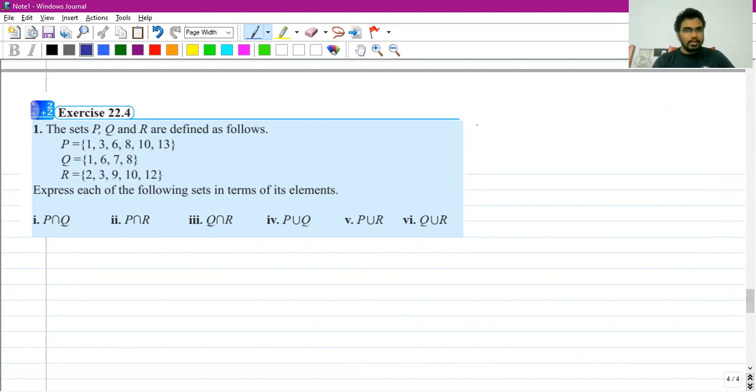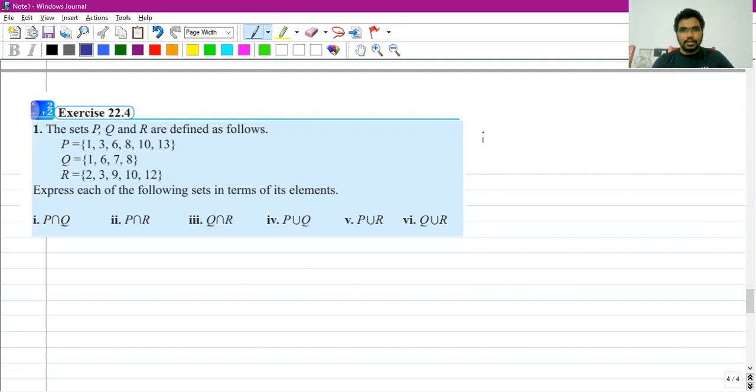The sets P, Q and R are defined as follows. P is equal to 1, 3, 6, 8, 10, 13. Q is equal to 1, 6, 7, 8. R is equal to 2, 3, 9, 10, 12. Express each of the following sets in terms of its elements.